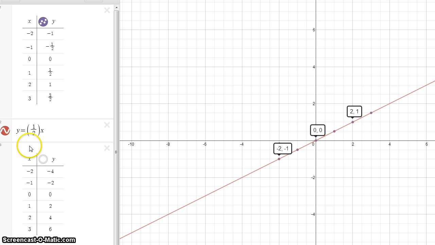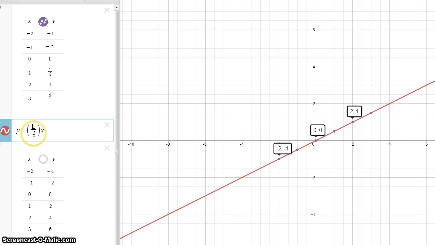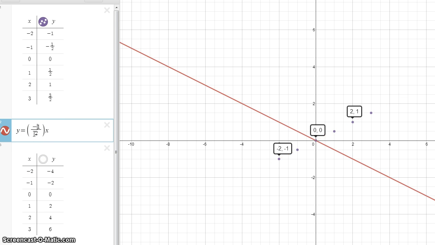Okay, so what about negative slopes? Let's take a quick look at this. So what if we add a negative in front of here. You can see I don't have the points plotted this time, but you can see how immediately the line reversed, right? That's positive, that's negative.